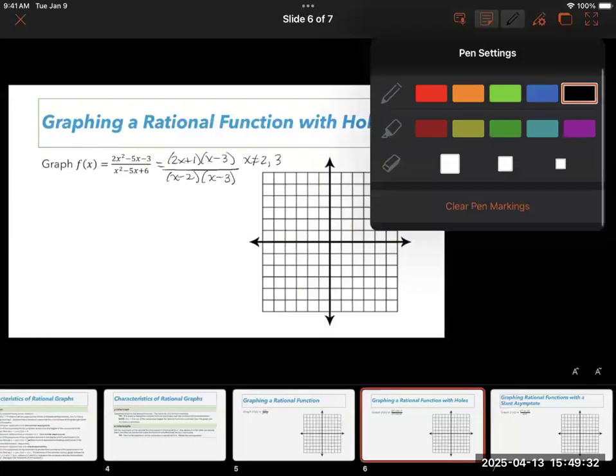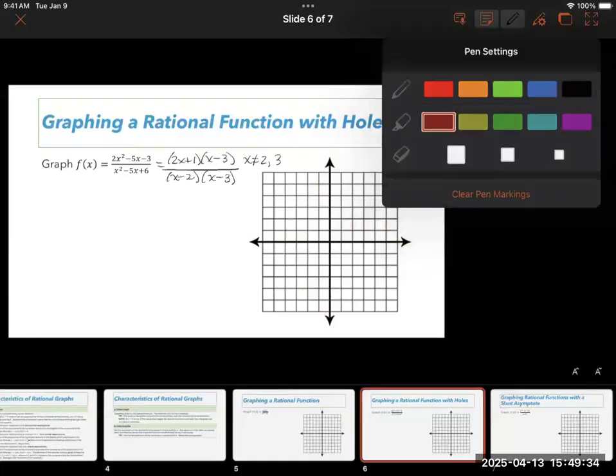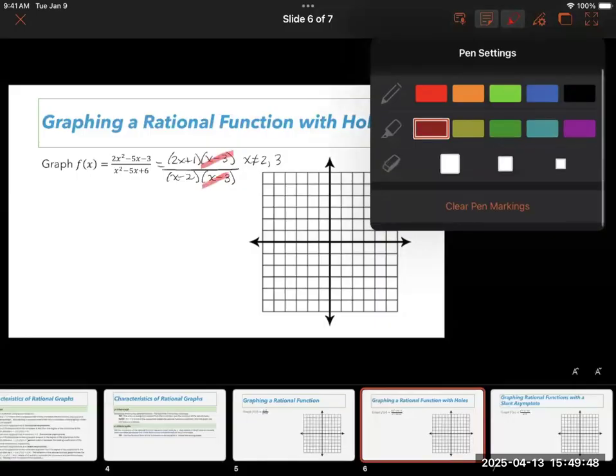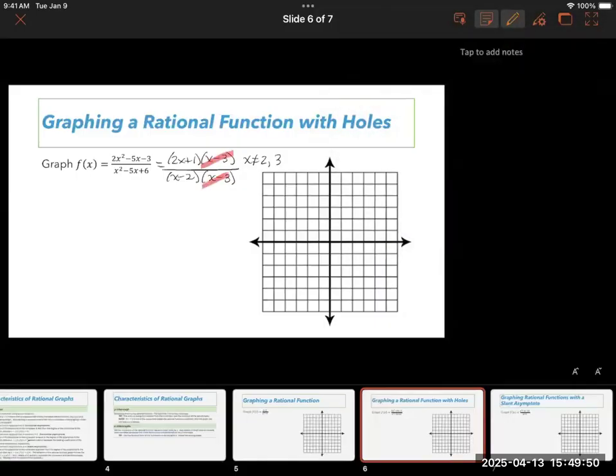But now we also notice that I have a common x minus 3 factor in both the numerator and the denominator. So those two will cancel each other out. And that tells me that I will have a hole when x is equal to 3.